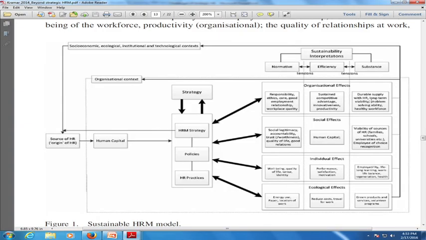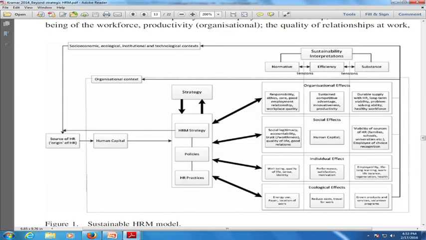Then the organizational effects of substance related interpretations of sustainability, which means keeping things going. I'm again stressing sustainability to mean that the output is balanced by the input. So the substance angle, the organizational effects are the durable supply of human resources, long term viability, problem solving ability, and a healthy workforce.